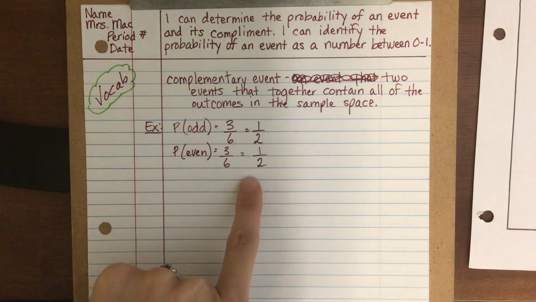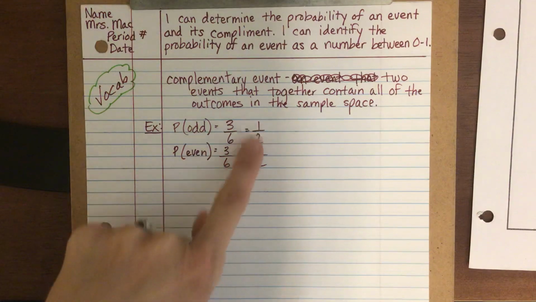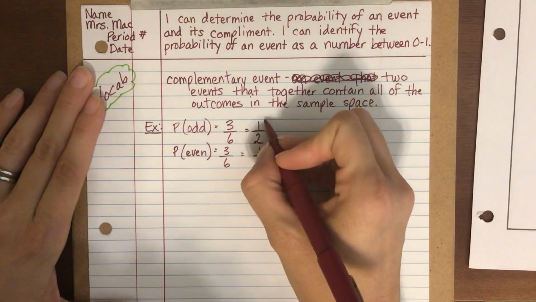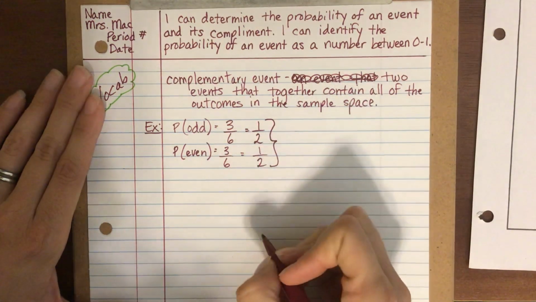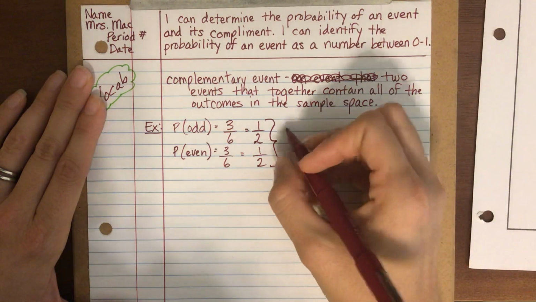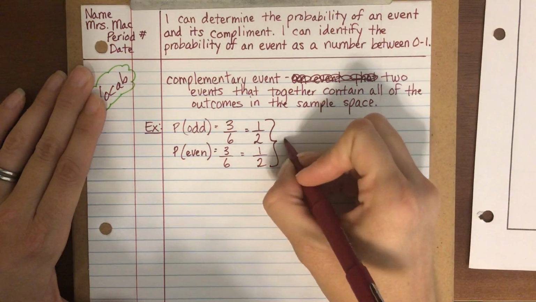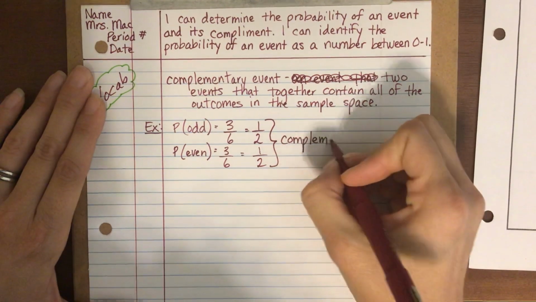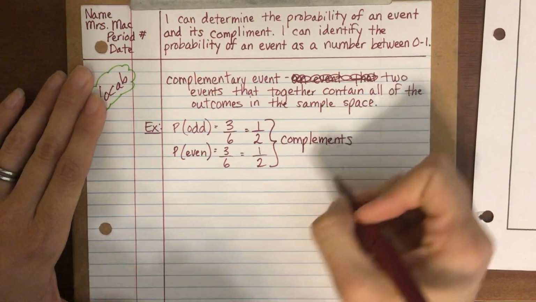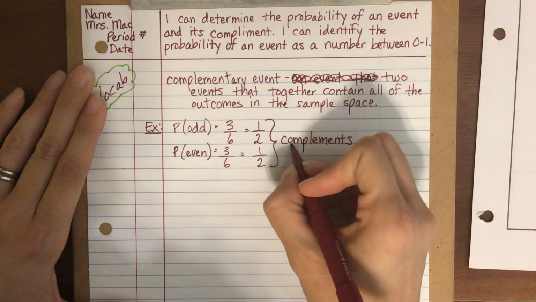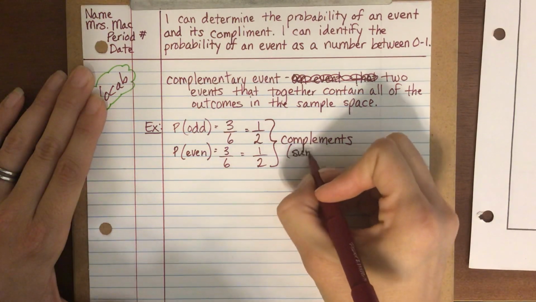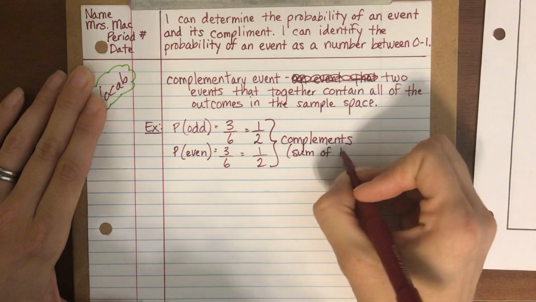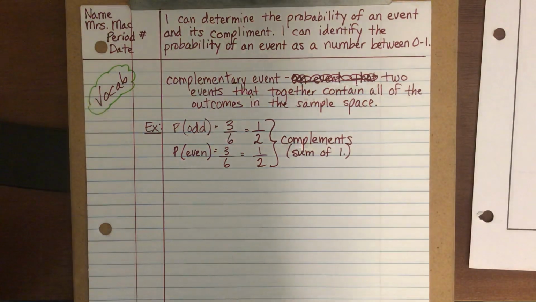Now, if 2 events are complementary, their probabilities are gonna add up to 1, or if you're looking at the percents, it would be 100%. So we can say these are complements. And then I'm gonna put underneath it here that is a sum of 1, okay?